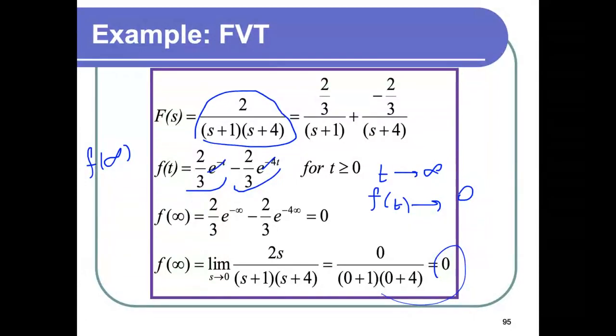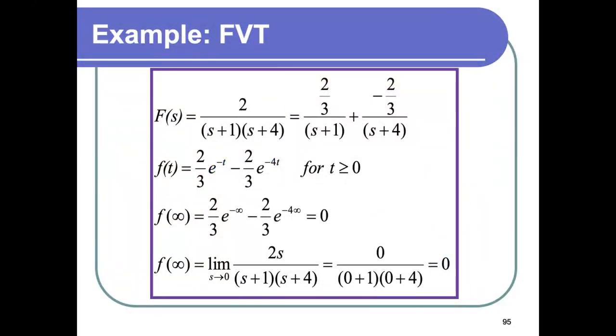Now let's go back to the previous example and apply the initial value theorem. So for the initial value theorem, what do we have? Let's evaluate this at t equal to 0. It's 2/3 e to the power of minus 2t minus 2/3 e to the power of minus 4t. f of 0 is obviously 0.